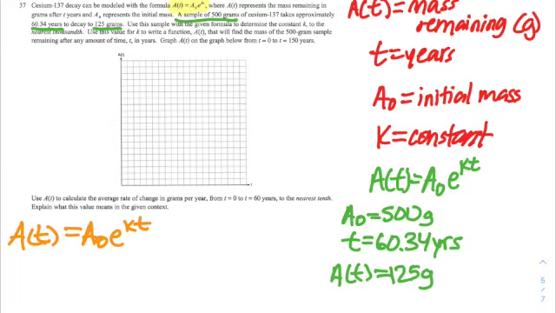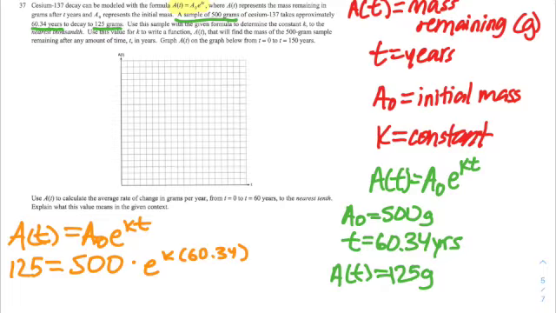Let's plug in 125 for A of t. A of 0 is 500. E, that's just a regular constant, so we can leave that there. So times e. K is also a constant, so we can leave that there. And then t is 60.34.